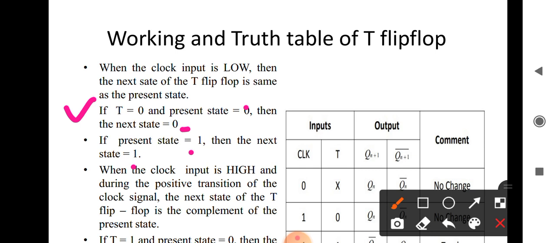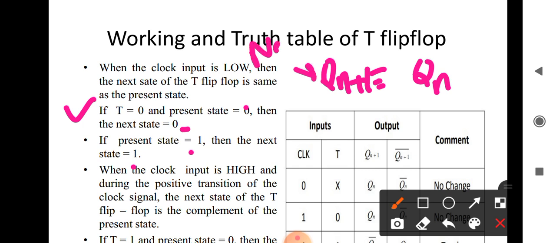So the present state will be equal to the next state when T is equal to 0.